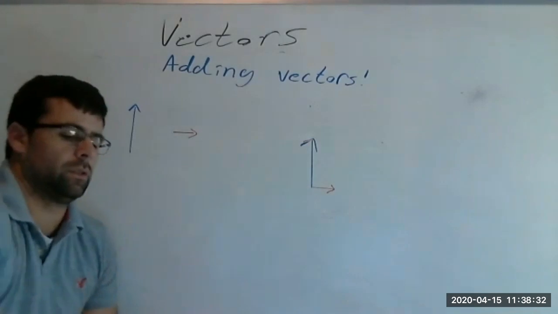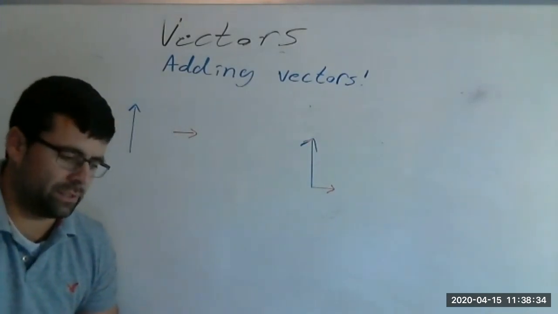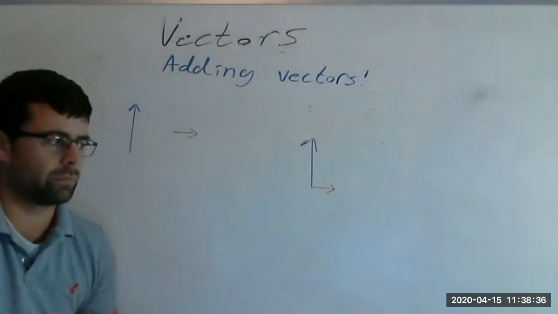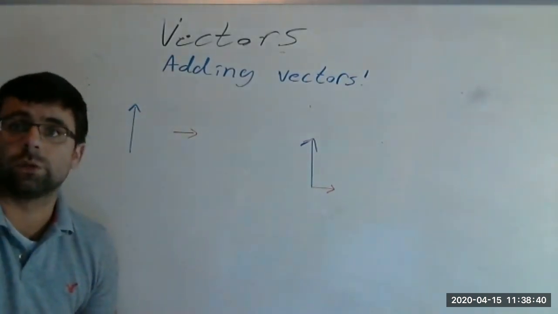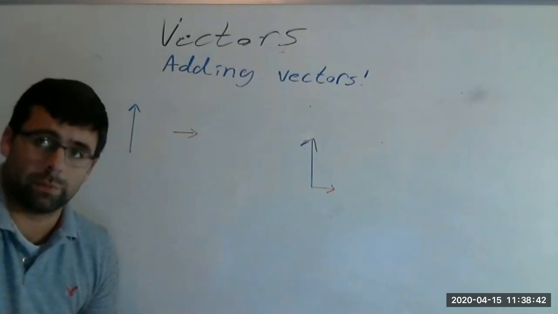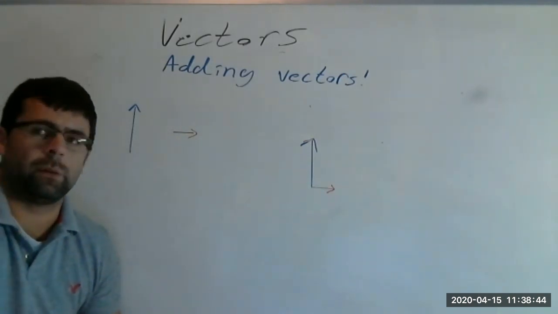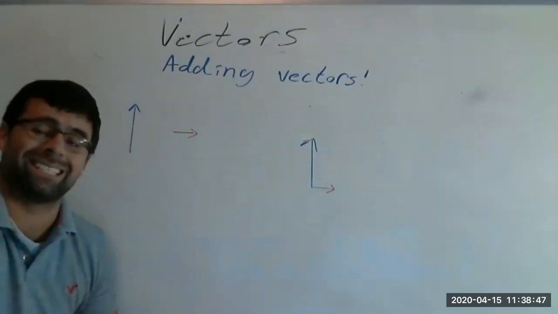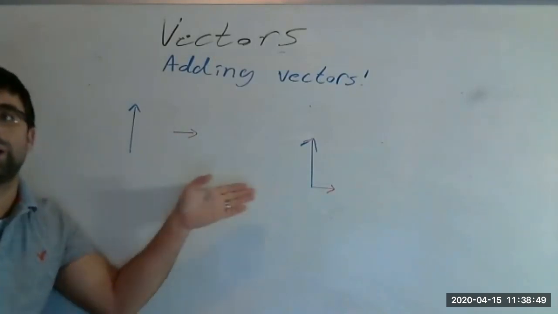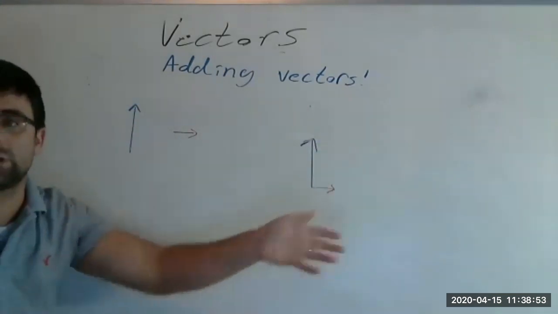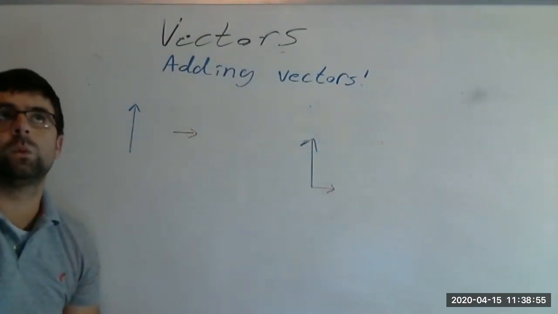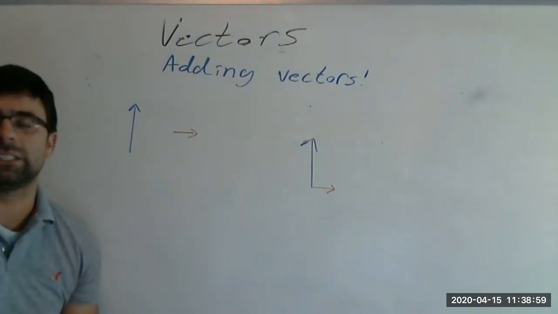Imagine the vector is some distance traveled. So if you're going somewhere, you're going on a trip, your trip is made up of a bunch of little vectors added together. You go some amount north, you go some amount east, whatever, and then you end up at your destination.